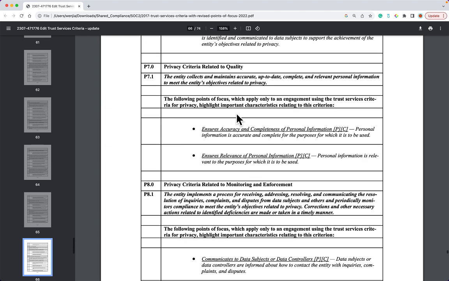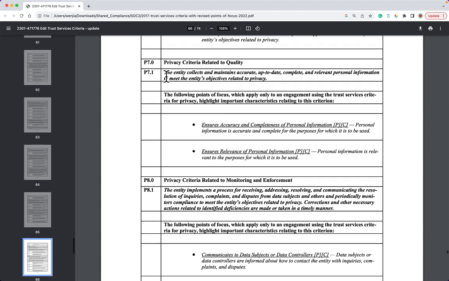Next is the privacy criteria related to quality. There is only one principle and 2 points of focus under this criteria. The entity collects and maintains accurate, up-to-date, complete, and relevant personal information to meet the entity's objective.